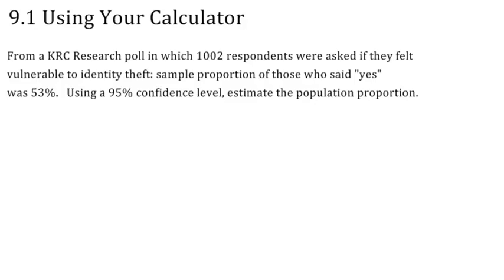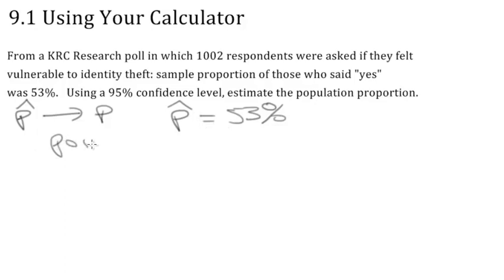Now you might be thinking, okay, I got a pretty good estimate here. I know that p hat comes close to the true proportion, and p hat equals 53%. So that's a pretty good estimate right there. And we call this the point estimate.